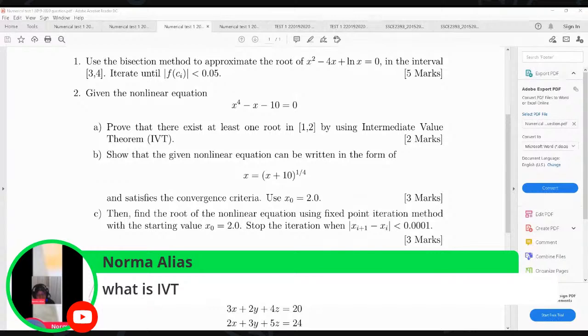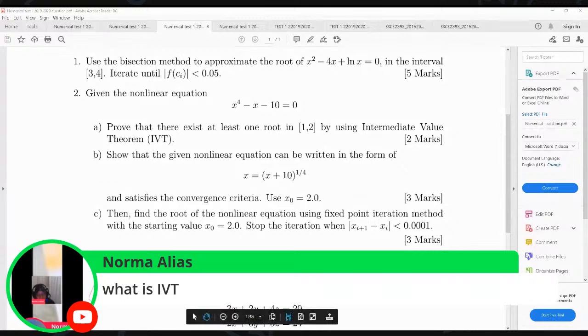You need to use the fixed point iterative method to find the root of the nonlinear system of equation, and stop the iteration if the absolute difference between x(i+1) and x(i) is less than 0.0001. I think you need many iterations because the epsilon is too small.